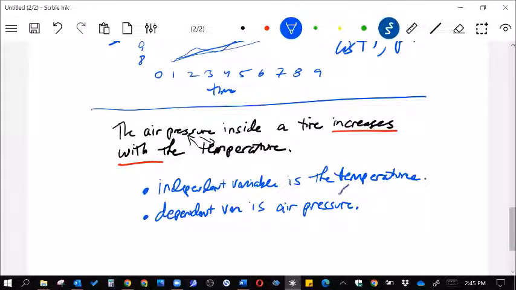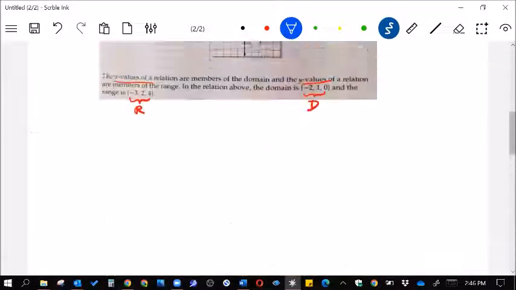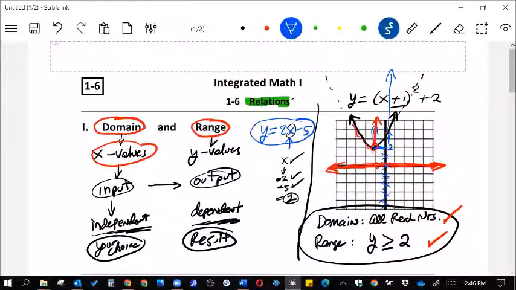Because the temperature causes the air pressure, or the air pressure results from the temperature. That's how you need to think about these: which one causes the other one. Which one is independent, not affected by the other variable, and which one of them is affected by the other variable. I hope that helps with some of these things you see in this section on relations. Thank you for watching and listening.